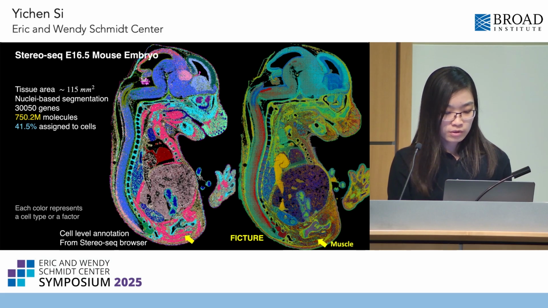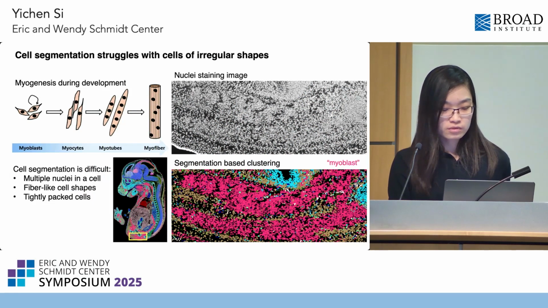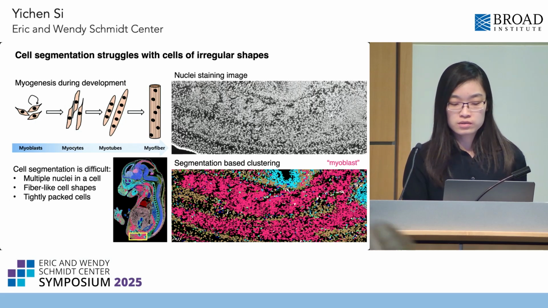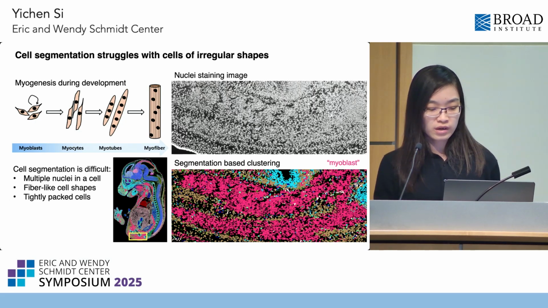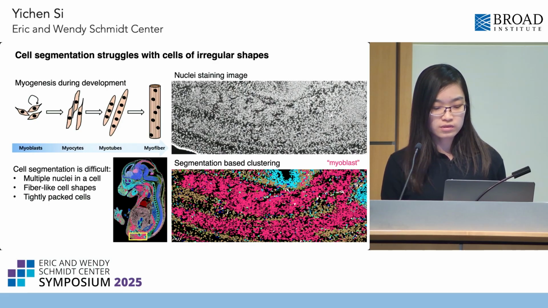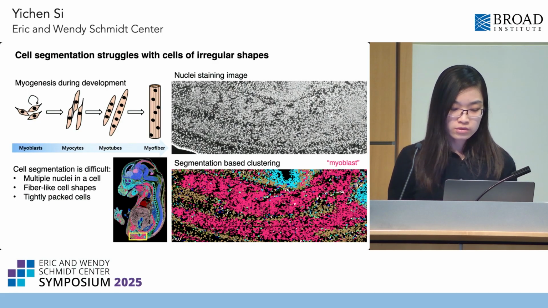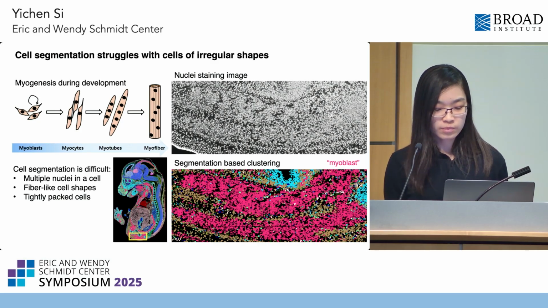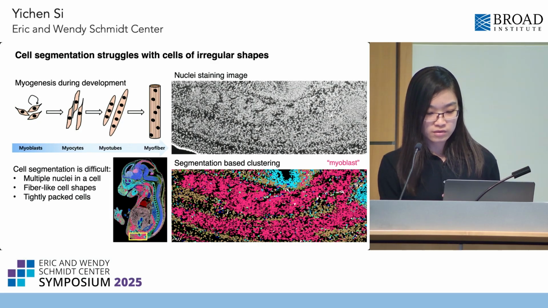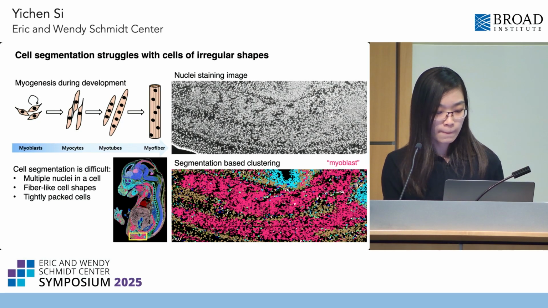One example I want to show is the developing muscle tissues. During myogenesis, myoblast matures into myofiber. Cell segmentation is particularly difficult for the later stage with these multinucleated fiber-like cells. The top right panel shows nuclear staining, and the bottom is a published cell segmentation-based analysis colored by annotated cell types.